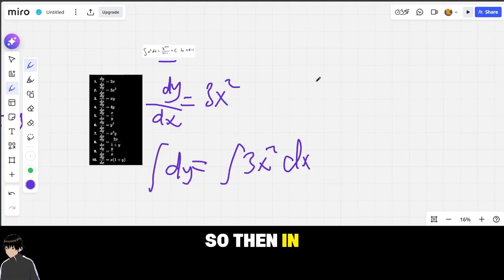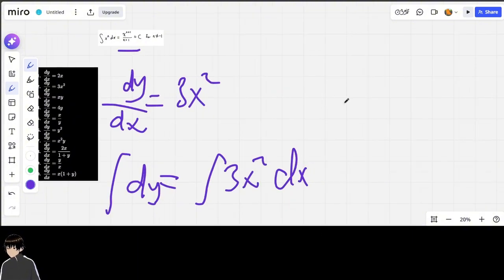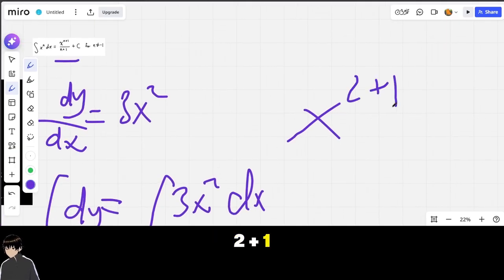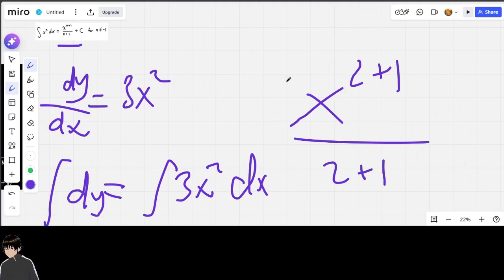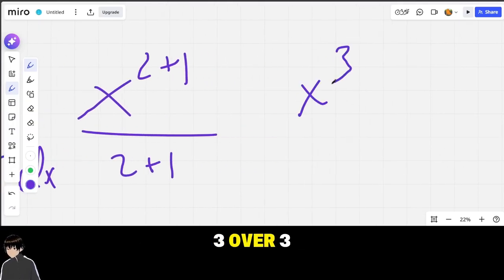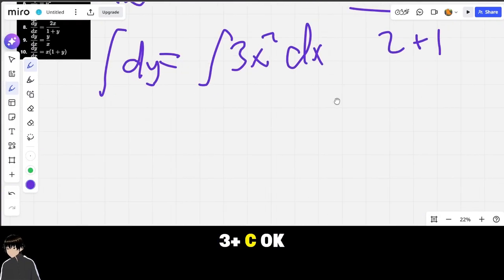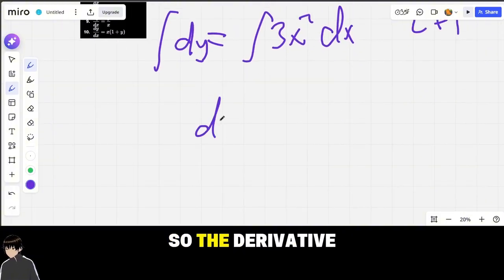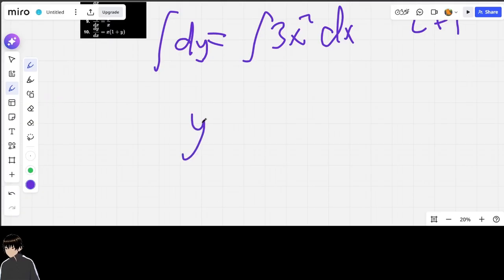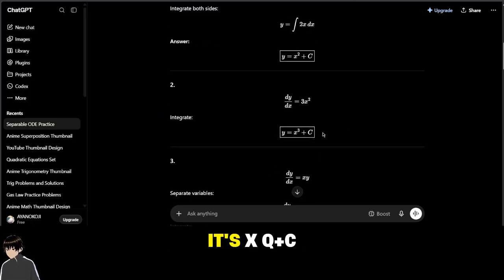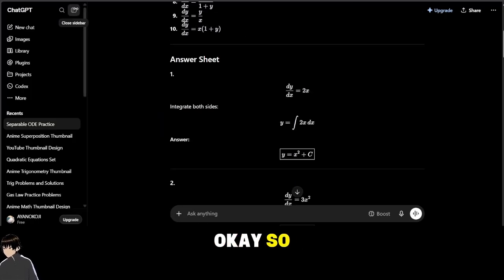In order to get the integral, x, what is the exponent? 2 plus 1 over 2 plus 1, which gives us x cubed over 3. Then we have 3 over here, so that's going to cancel. You're just going to have x cubed plus c. The integral of dy is going to be just y. So y equals x cubed plus c. Let's see if our answer is correct. Yep, it's x cubed plus c.